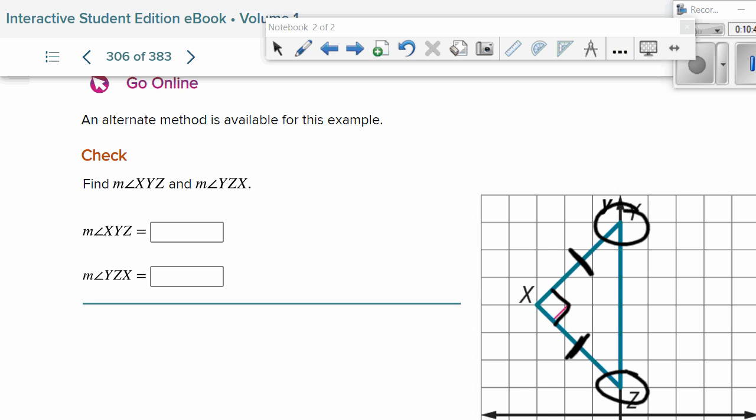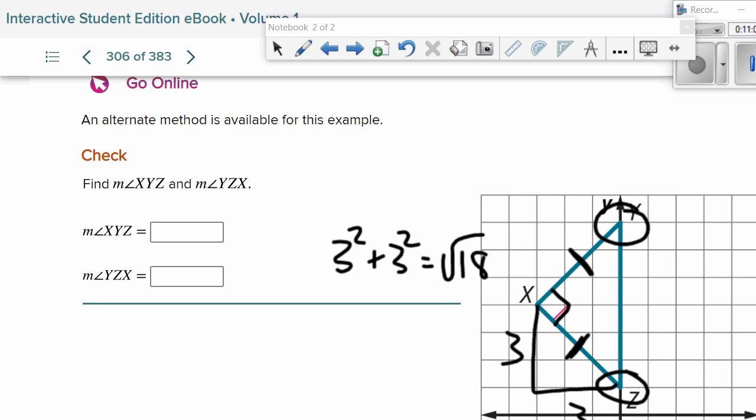So we're going to do the Pythagorean theorem just really quickly here. If I drew a right angle in there, I went up 3 and over 3. So 3 squared plus 3 squared equals the square root of 18. And if I did it here, I went up 3 and over 3, so once again I get the same thing.